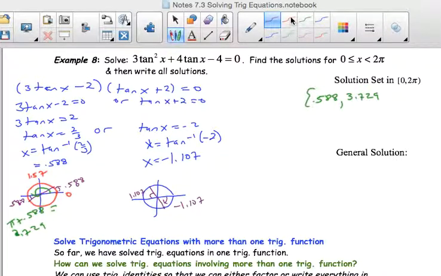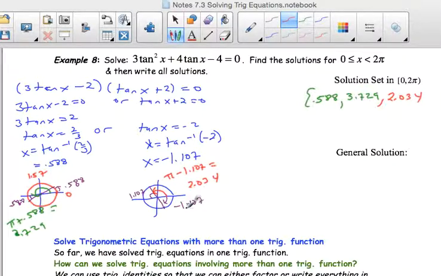In order to find out what the value is, this angle that I just marked in red is going to be pi, that would be if I went halfway around, minus 1.107. And that value is going to be 2.034. So our values here between 0 and 2 pi would be 2.034.